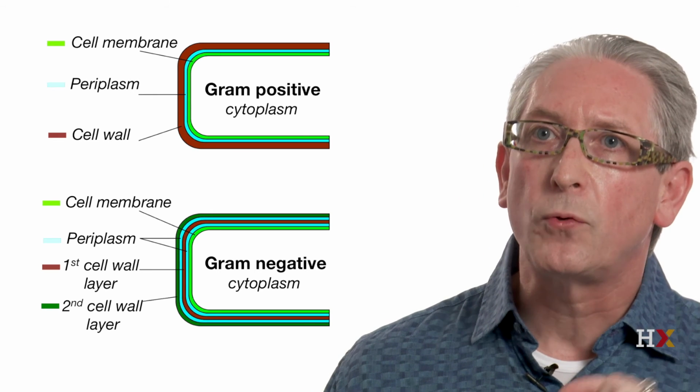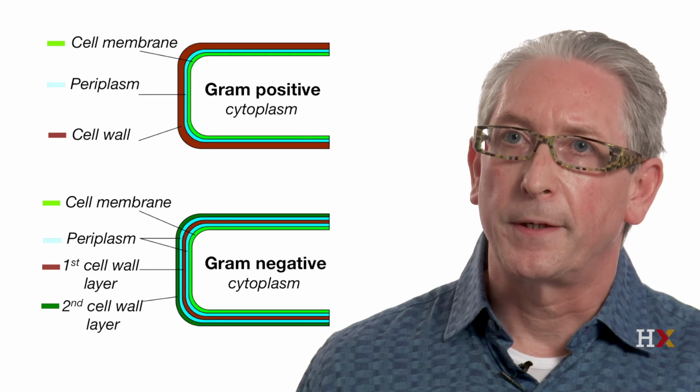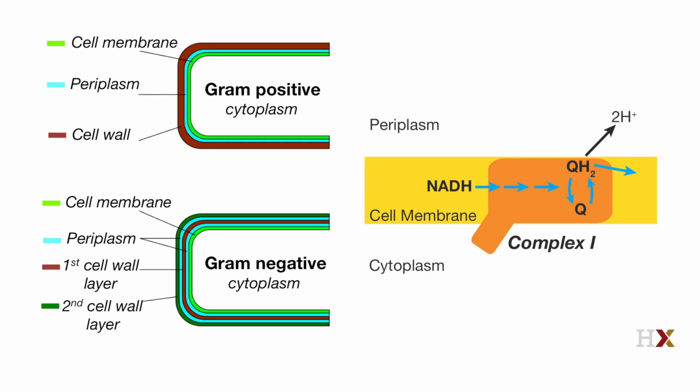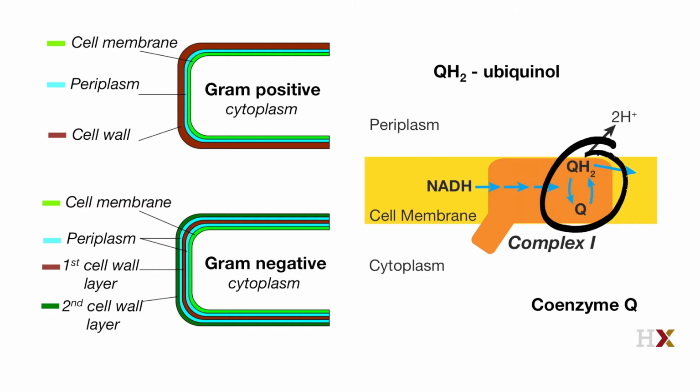In fact, the first one that interests us is a molecule called coenzyme Q, which is extremely hydrophobic and is embedded in the cell membrane. Coenzyme Q receives electrons and protons from different universal electron donors, for example, NADH. Coenzyme Q, when it is reduced, is also called ubiquinol.